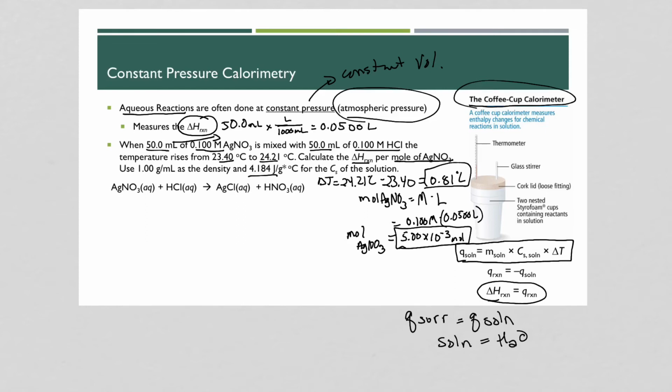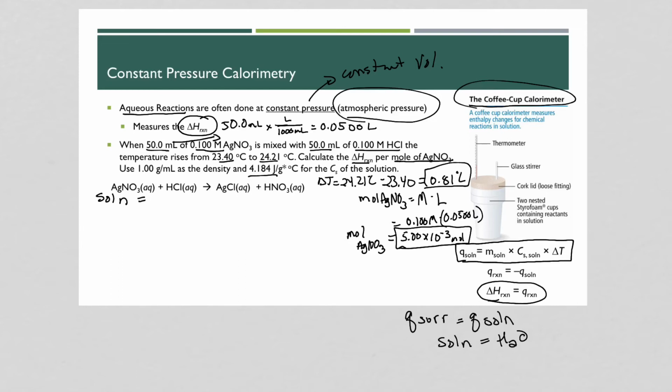Now, we have our equation, Q equals mass times specific heat times delta T. Well, we have the specific heat, we have the delta T. We need the mass of solution. Okay, well, we don't have a mass of solution. How do we do this? Well, what is the solution here? The solution is the 50 milliliters of silver nitrate plus the 50 milliliters of HCl.